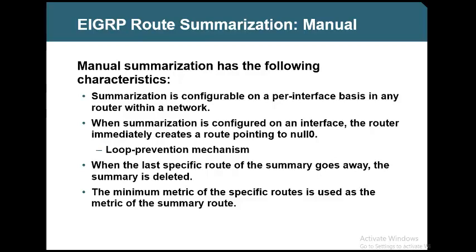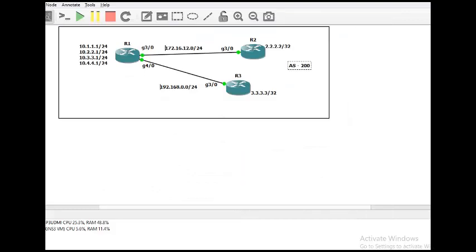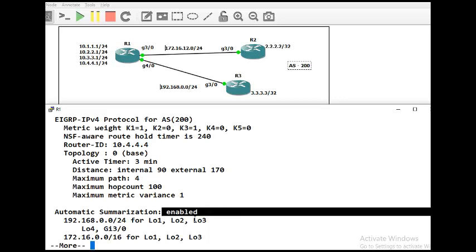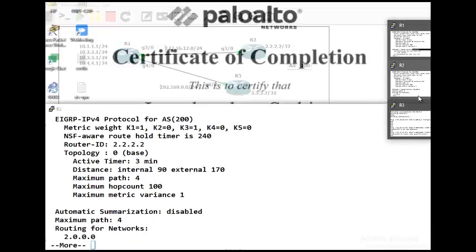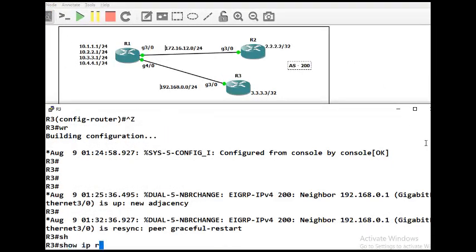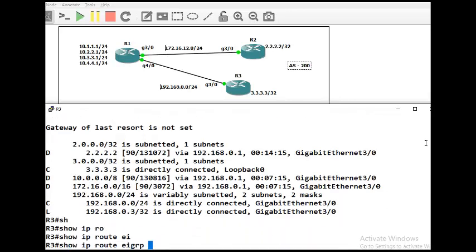Why do we need it? Taking you back to the routers. After I enable summarization globally, both router 2 and router 3, you see router 3? Show IP route or show IP route EIGRP.